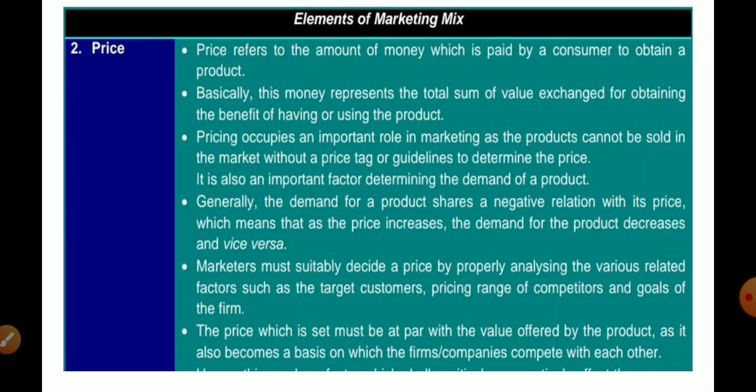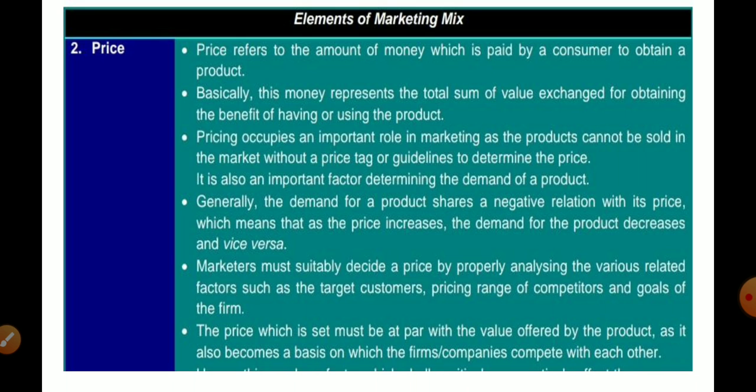Now, the second element is pricing. It is the most important because it involves the profit of the organization. Price refers to the amount of money which is paid by the consumer to obtain the product. Basically, this money represents the total value of exchange for obtaining the benefit of having or using the product.